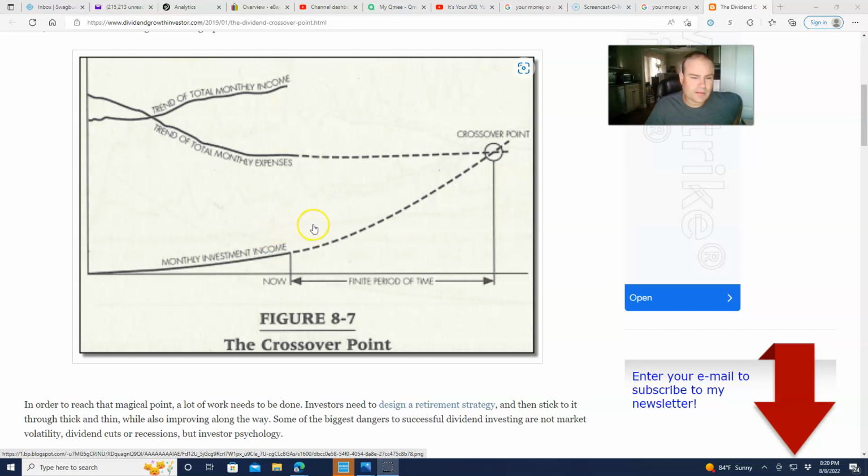Okay? So how many months at $10 a month earned would it take to get to $1,000? Well, the real simple answer without compounding interest would be 100. 100 times 10 is 1,000.